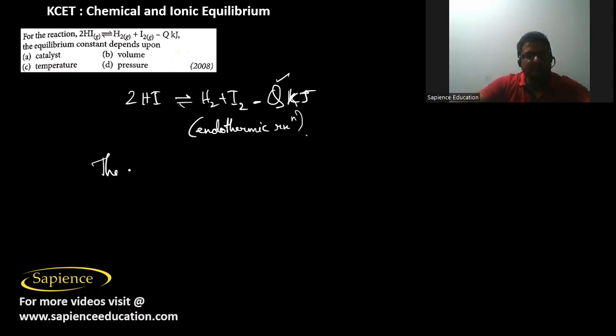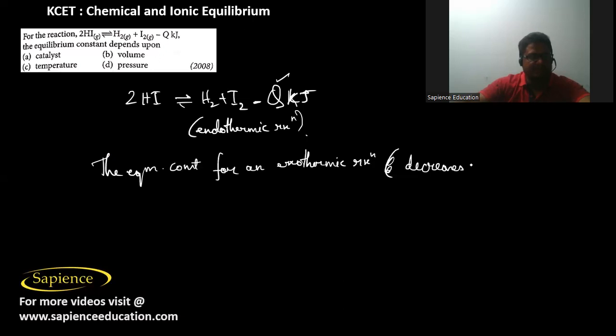So as we know, the equilibrium constant for an exothermic reaction, which means where heat is released, decreases with increase in temperature.